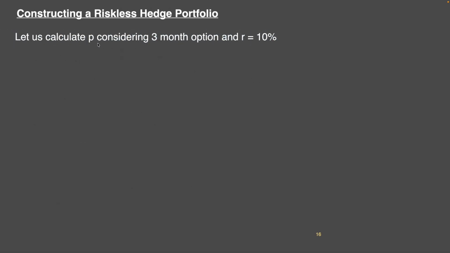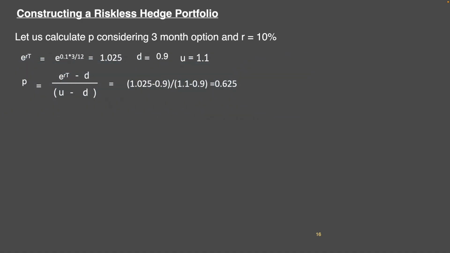Now we will consider the probability, considering a 3-month option and a risk-free rate of 10%. So e to the power of rT is nothing but e to the power of 0.1 times 3 by 12, which is 1.025, and D is equal to 0.9 and U is 1.1.